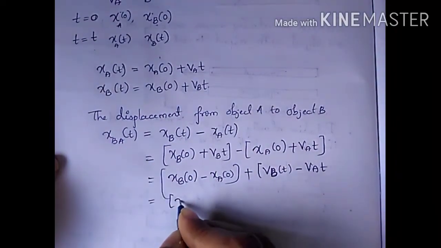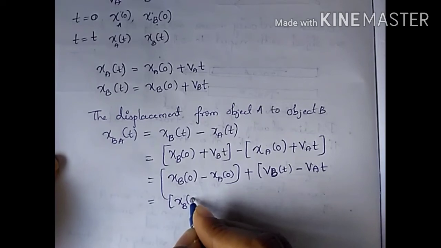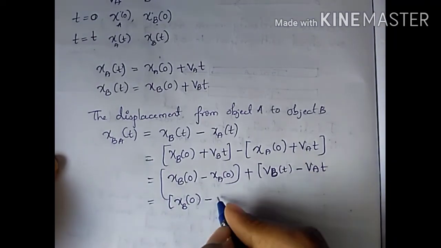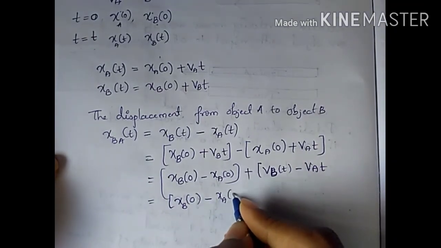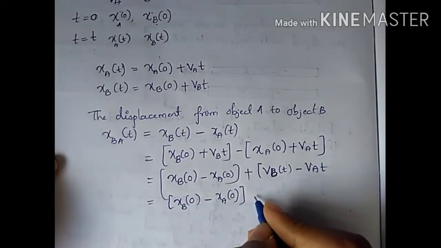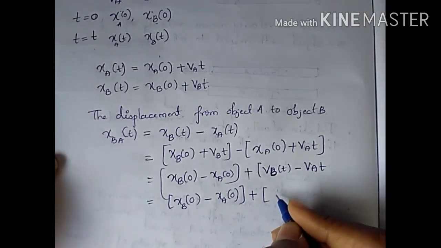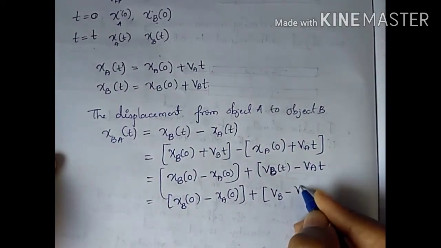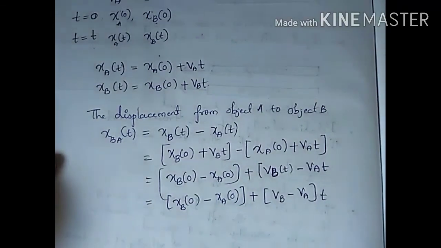I can write this as xB0 minus xA0 plus (vB minus vA) multiplied by t. So this gives the displacement of object A to object B.